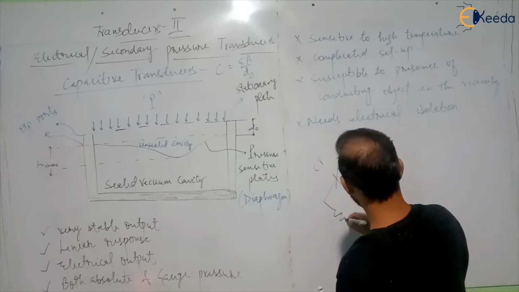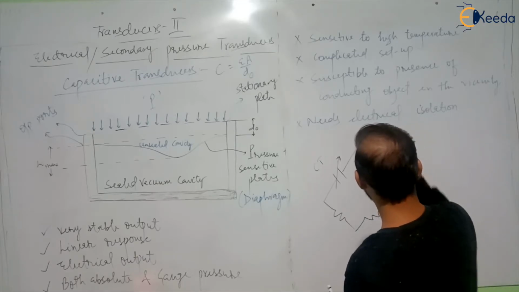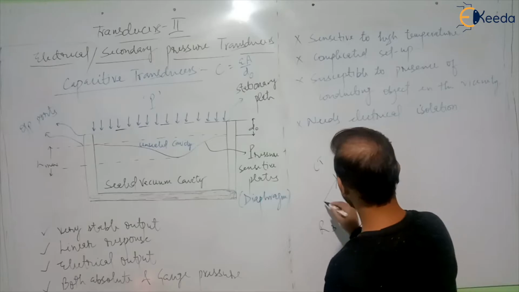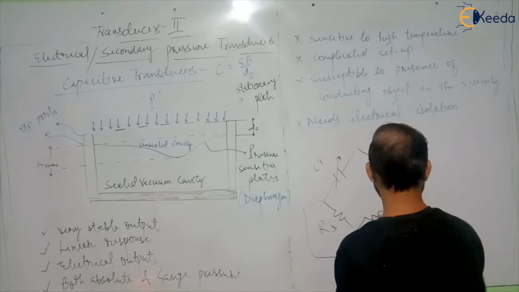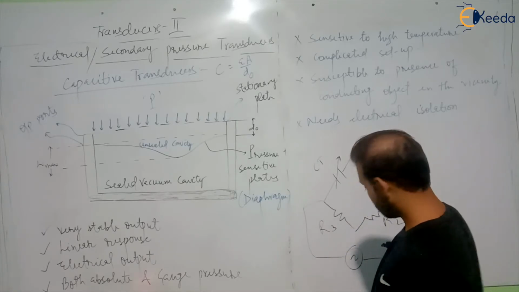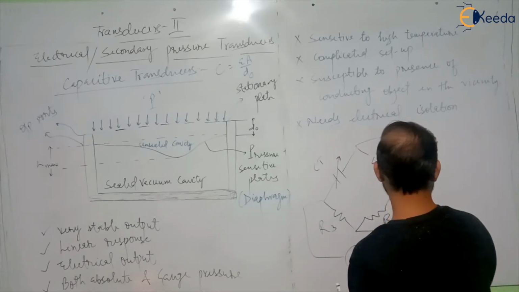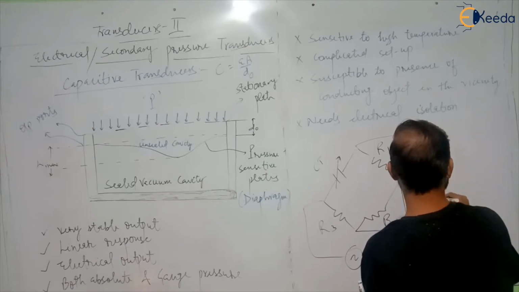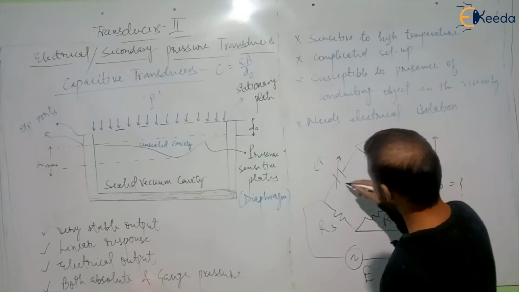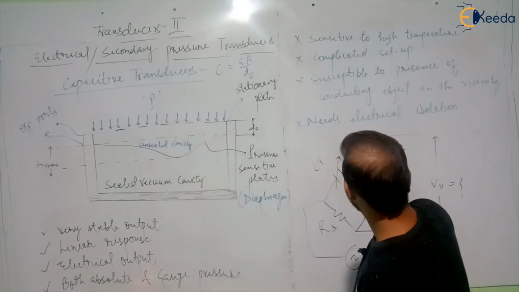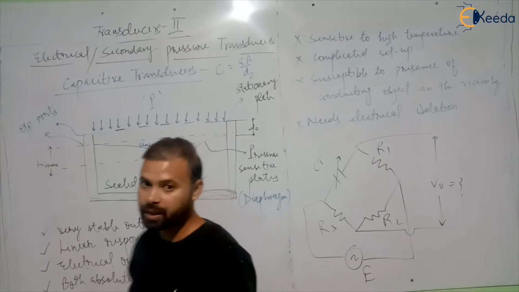You have connected the resistances R1, R2, R3, and you have supplied excitation voltage here, and you are measuring output voltage V0 here. So if you connect these output ports in this Wheatstone bridge, then you will get a voltage output.